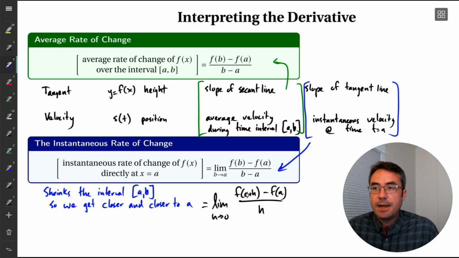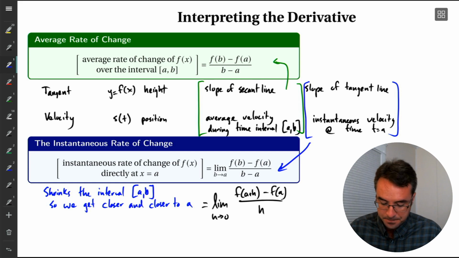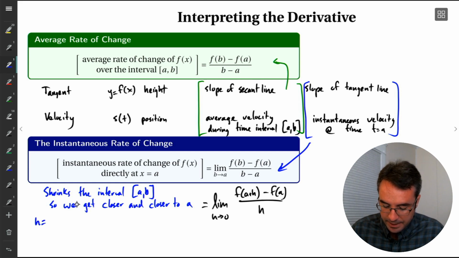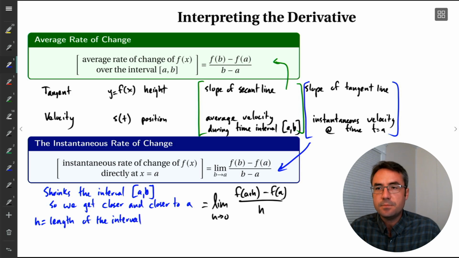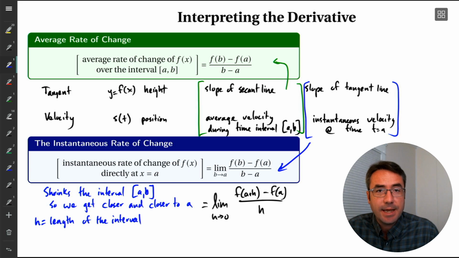Now, to see where the conversion happens, h here represents the length of the interval. And so if b is approaching a, that means h has to be approaching 0.